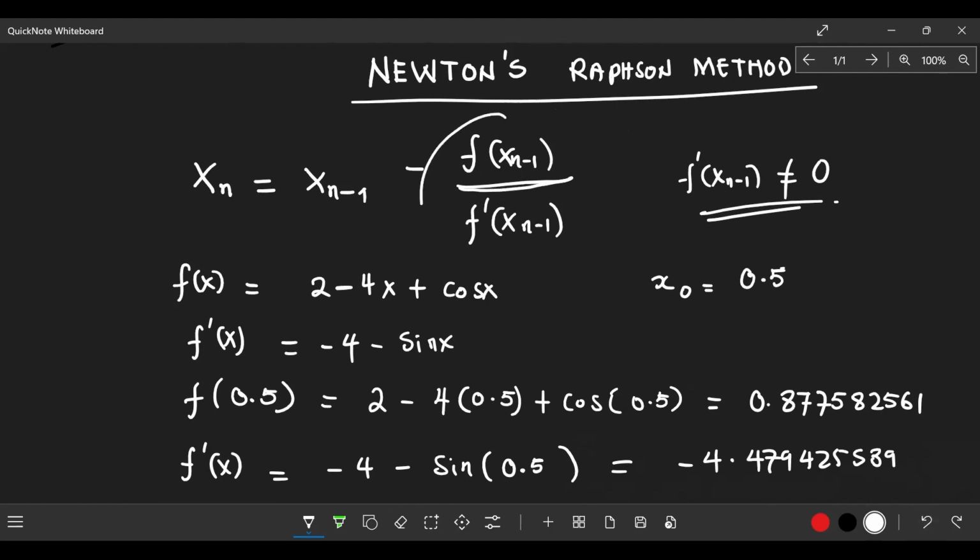So overall, this fraction goes to 0, so we just remain with this part. All the time you're doing the iteration, this function has to be reducing, going to 0, while the derivative has to be going to infinity, increasing, so that you are making this overall function almost equal to 0.